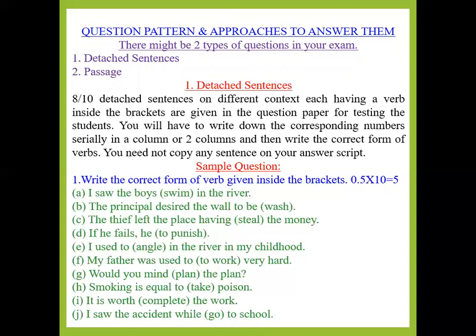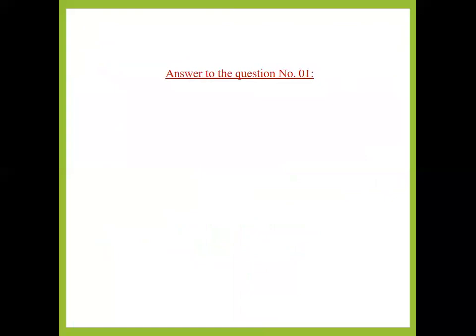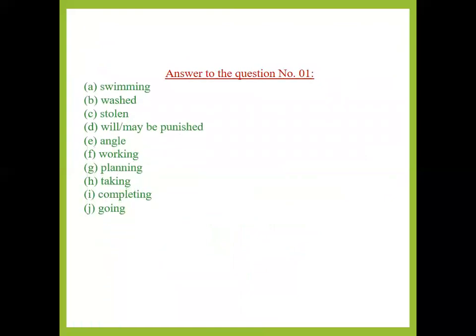You will have to find out the right form of verbs considering the related rules. Now look at the answer to this question. These are the answers. If you consider each of them separately, you will get the answer like this.